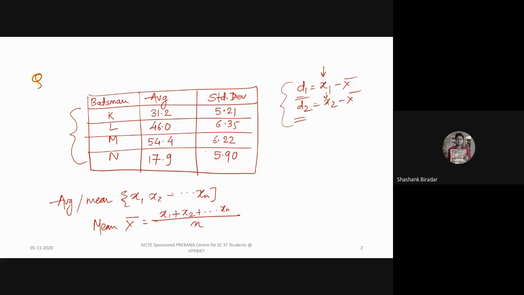You can comment in the chat box also. How do you justify the answer?